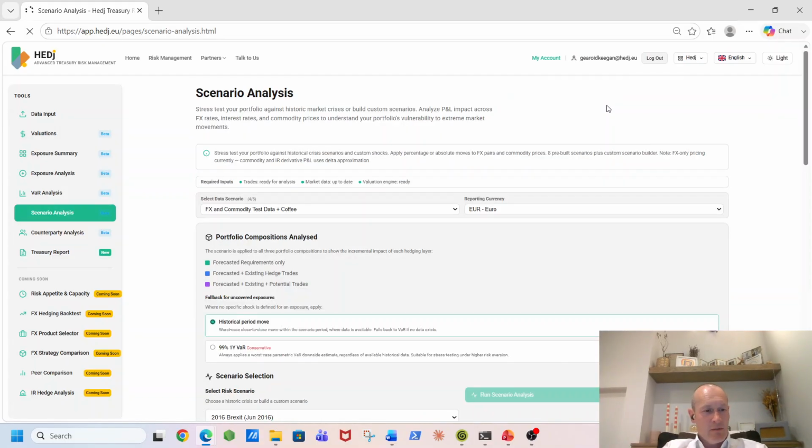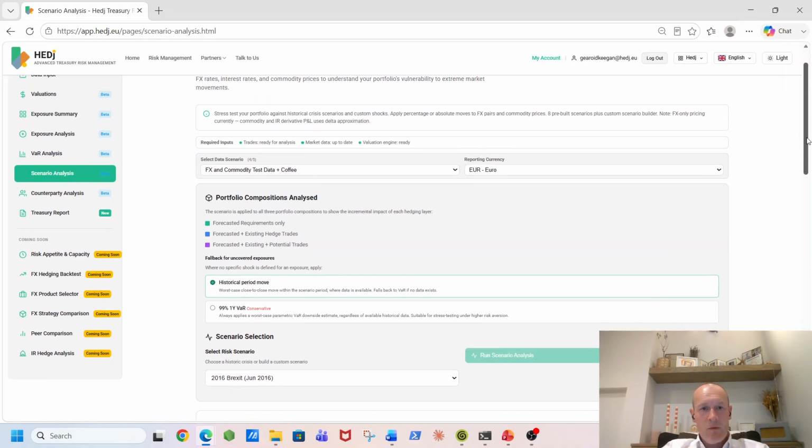Obviously, everyone who's been involved in markets knows that every so often you get these once in a lifetime events where you get a huge shock to the market, and anyone looking at their exposure with a real risk lens wants to know how vulnerable they really are if something like that happens.